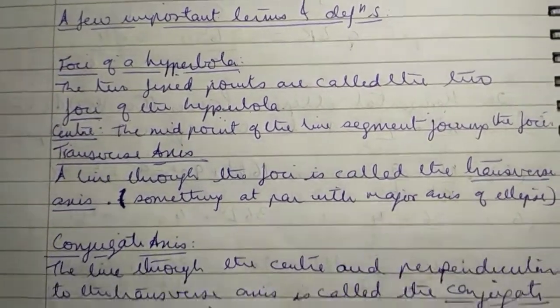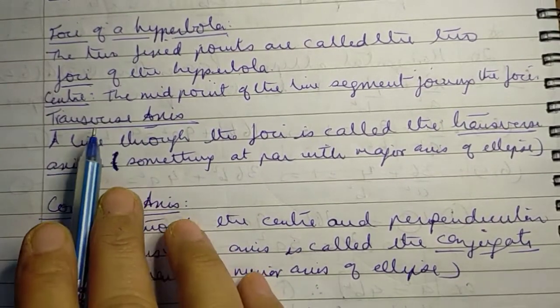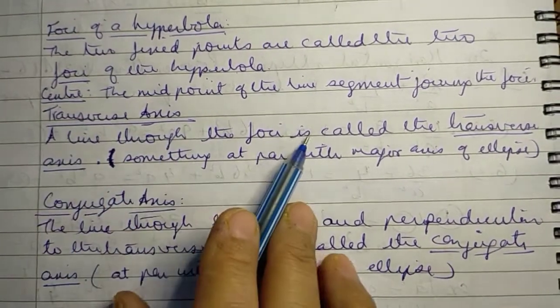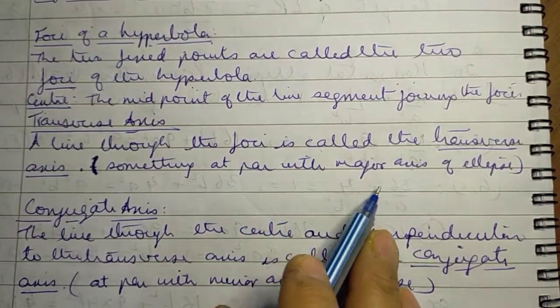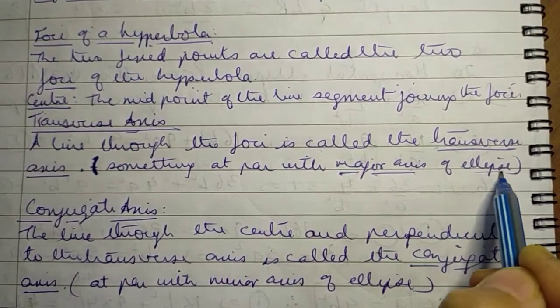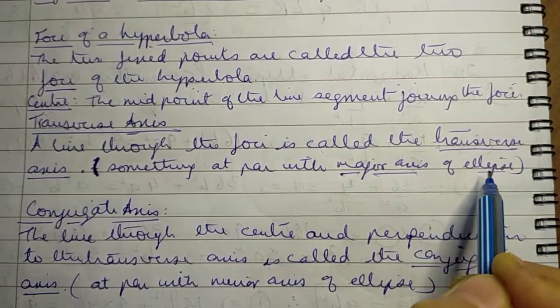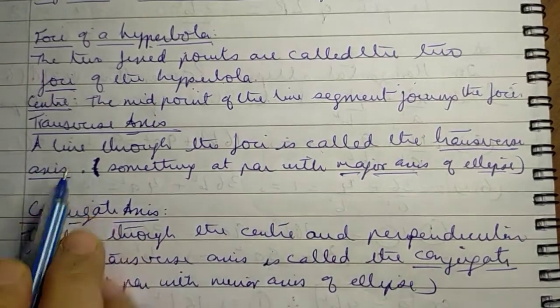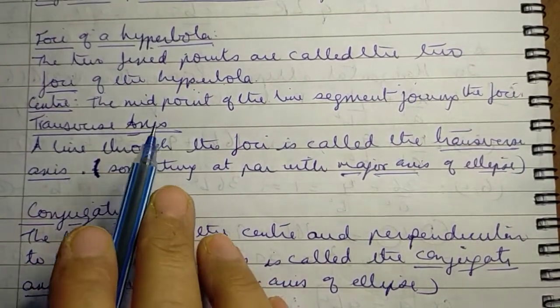Now here also we will see that, but let's first do transverse axis. Transverse axis is a line through the foci, and which is similar to what was called the major axis in the ellipse. So the role being played by major axis in ellipse, the corresponding role is played by transverse axis in a hyperbola. That is, it is a line through the two foci.